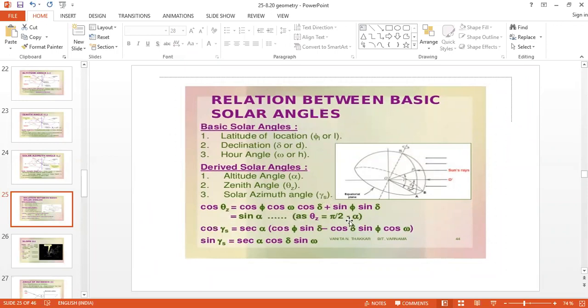And cos of delta s equal to secant alpha into cos phi sin delta minus cos delta sin phi cos omega, and sin gamma s equal to secant alpha cos delta sin omega. These are the formulas for derived solar angles.